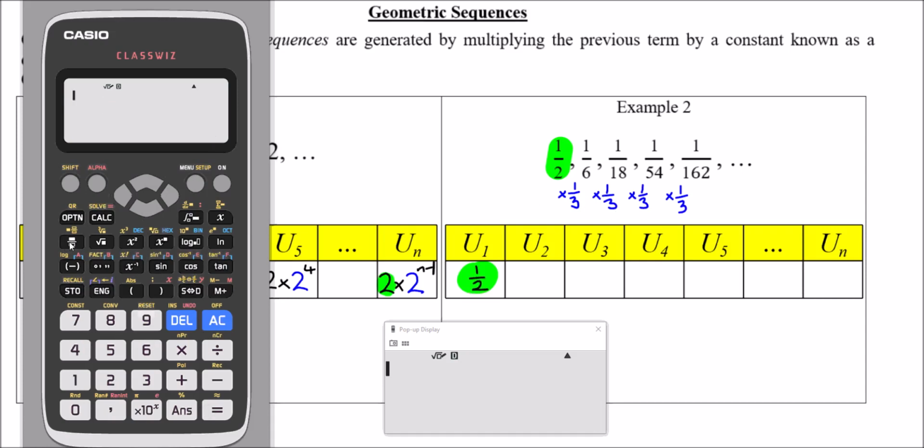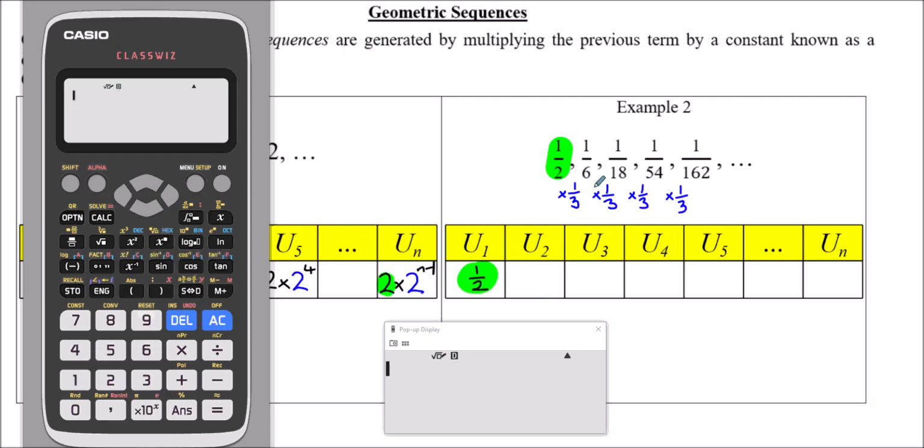As long as the terms are next to each other, you can take any two consecutive terms. It doesn't need to be the first and second. So if I took this one here, 1 over 162, and divided that by 1 over 54, I'd again get 1/3. That's how you can calculate directly what the common ratio is.